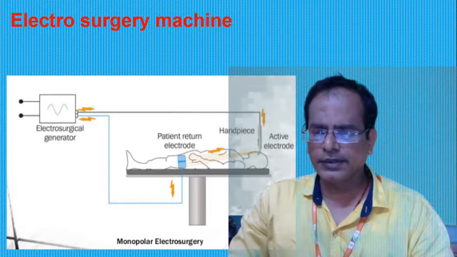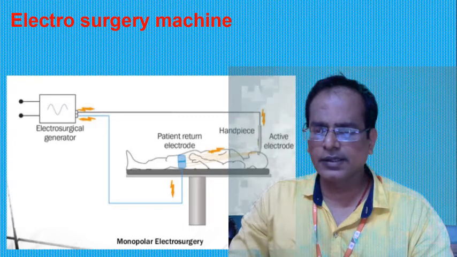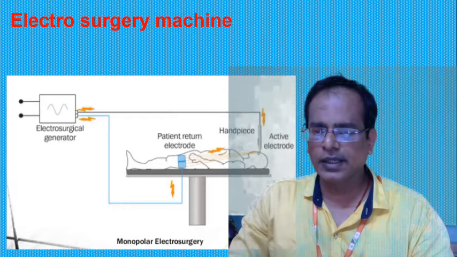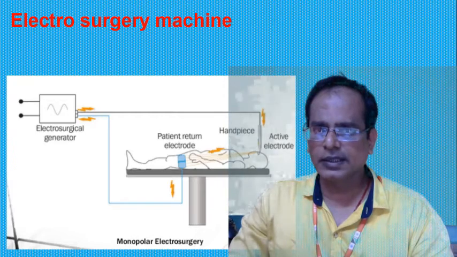That signal is delivered with the help of an active electrode. That electrode is used to cut the muscles as well as to join the muscle. So here it will do two kinds of process: one is cutting, another one is coagulation. Two kinds of process can be done with the help of an electrosurgery machine. Another name for it is surgical diathermy.